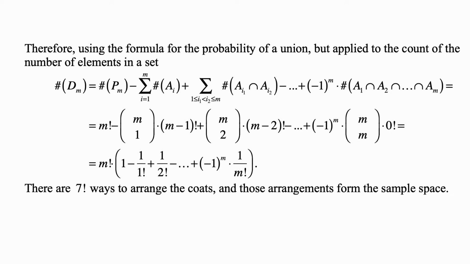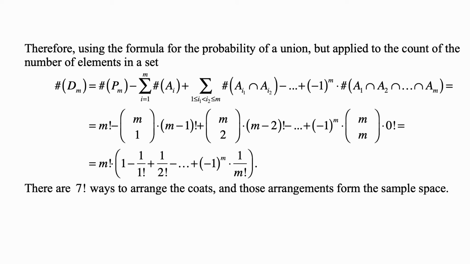Therefore, using the formula for the probability of a union, but applied to the count of the number of elements in the set, the number of Dm is the number of Pm minus the sum from i equal 1 to m of the number of Ai, plus the sum over all i1 less than i2, which lie between 1 and m, of the number of elements of Ai1 intersection Ai2, minus the next one, which will have the collections of 3 intersections.